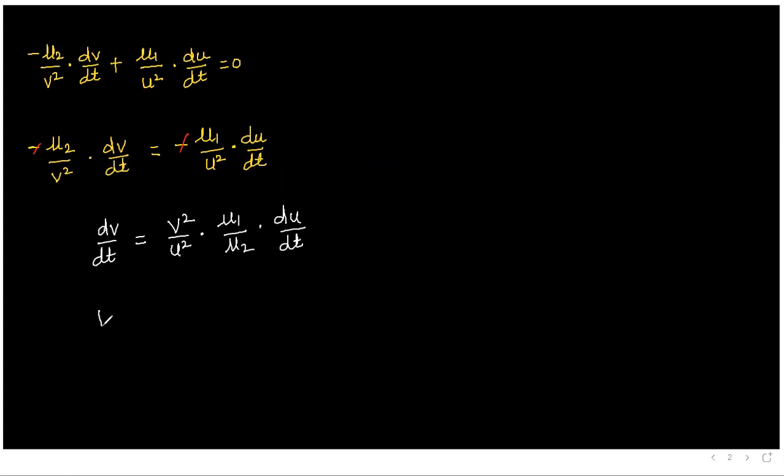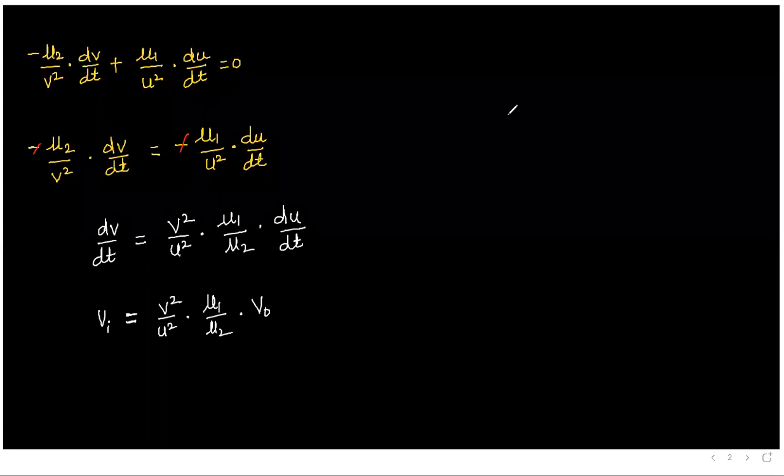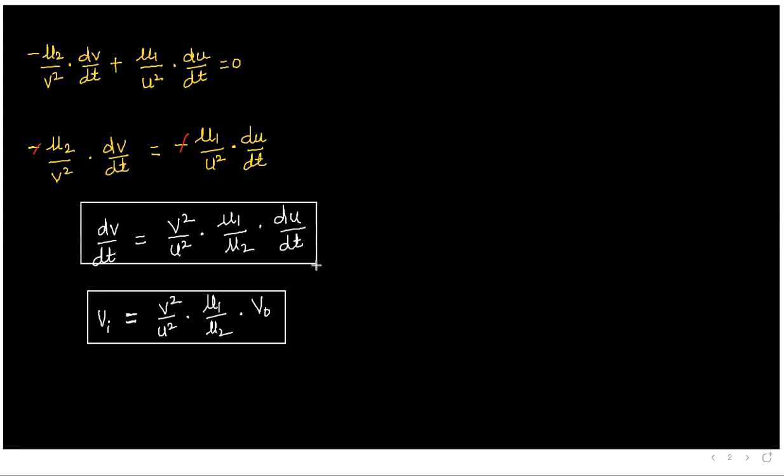So here vi, that is velocity of image, is equal to v square by u square into mu1 by mu2 into vo, velocity of object. And like this we got the formula which we have derived yesterday. Understood now? Clearly understood?